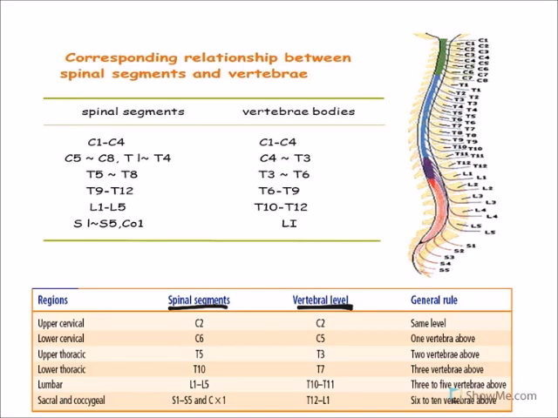So it's important to know the level of the spinal segment in relation to the vertebral level, and this table gives you a general rule to calculate these levels, and this will be discussed in detail in your spinal cord course.